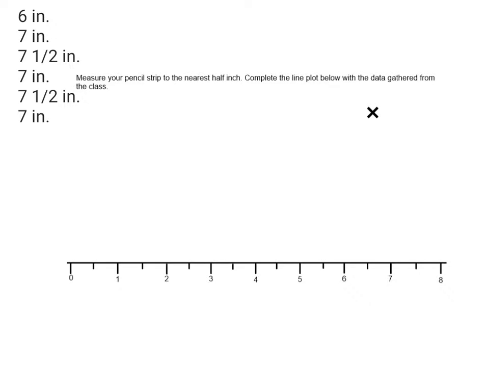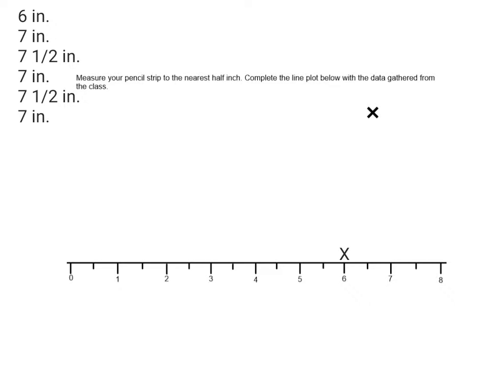So it's basically like having a little ruler. Now we're going to plot each X on our line plot here. So the first one is 6 inches. So I'm going to go to 6 inches and I'm going to put an X. Okay. Put my X right at 6 inches.